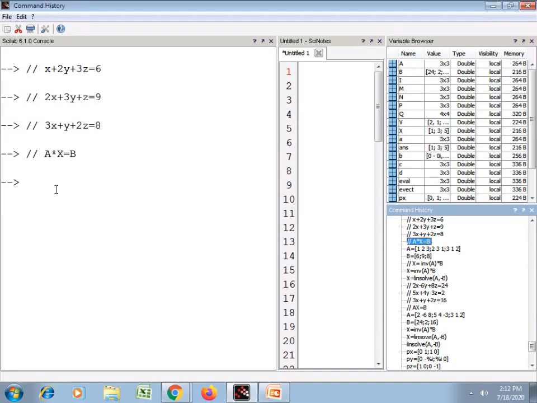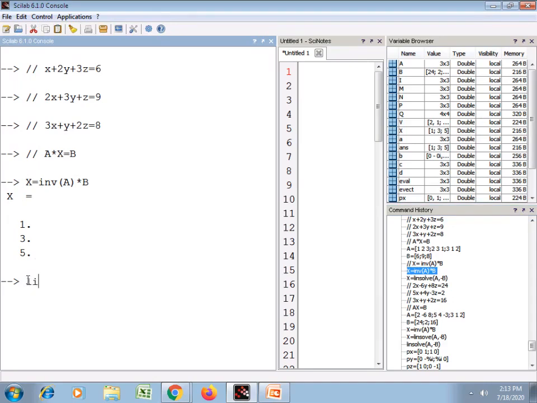Okay, so to solve this, we use X is equal to inverse of A into B. Okay, so that we get from this equation itself. If we move A to the right side, it will become inverse of A and then into B. So again you will have the same values 1, 3, and 5 for x, y, and z respectively.